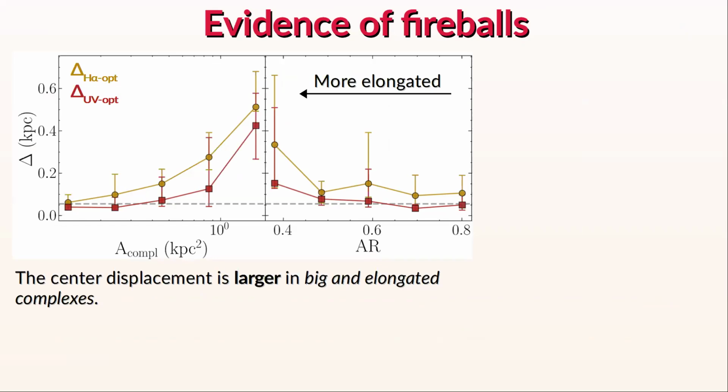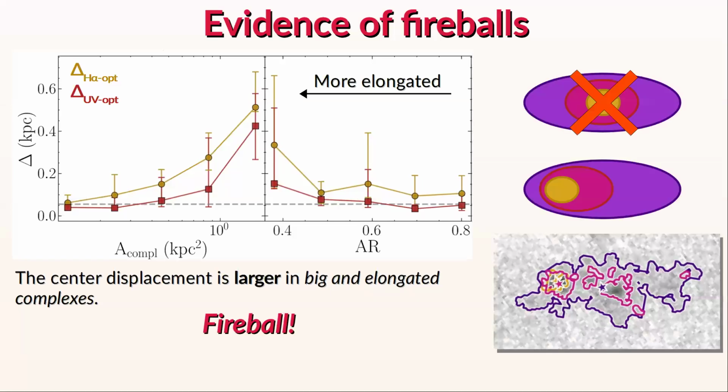So essentially, the H-alpha displacement is always larger than the UV one, but when we look at large and elongated complexes, the displacement increases. So if we are looking at very large and elongated complexes, the clumps are not in the center of it, but systematically displaced on one side.